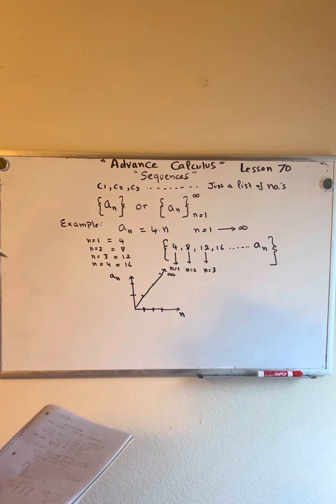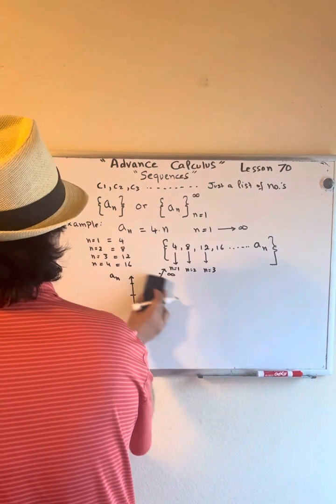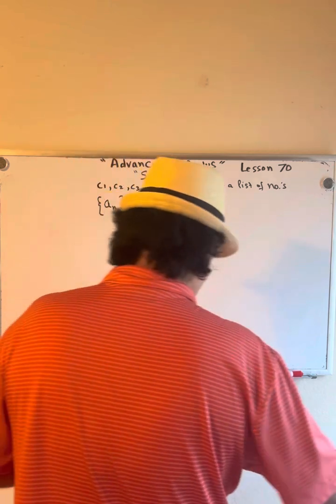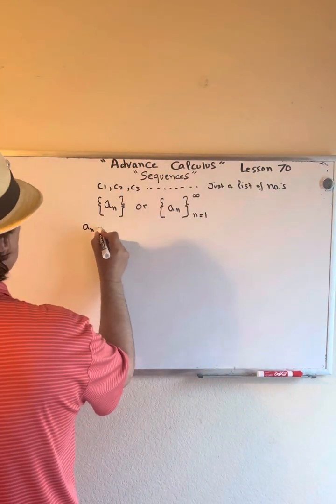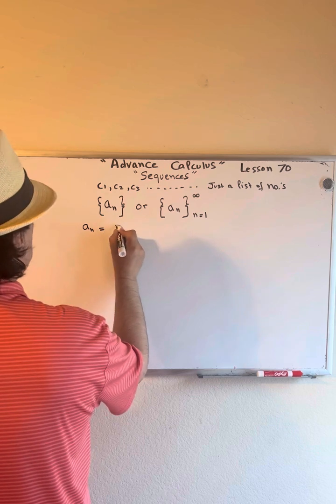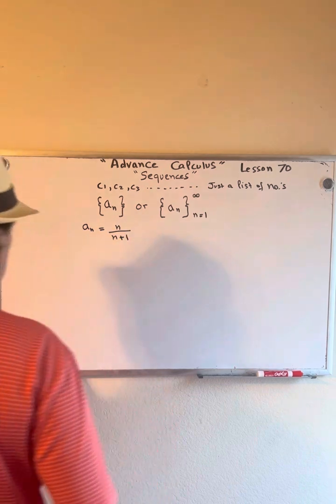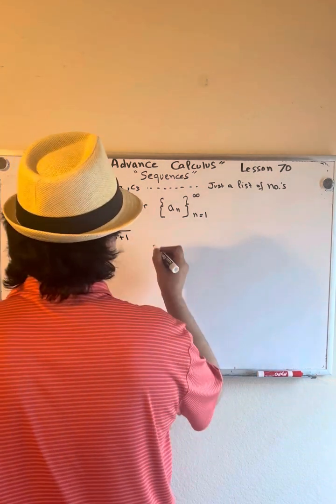Now, let's look at another example. Let's say a sub n is equal to n over n plus 1. Let's represent that in the form of a sequence.